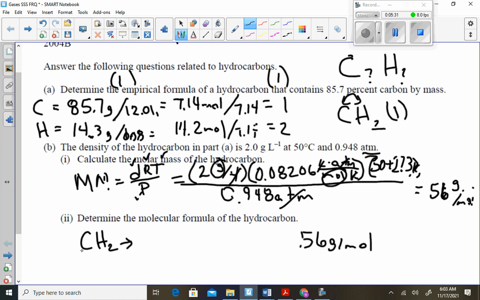The mass is 12.01 plus 1.01 twice, so we get 14.03. If we divide 56 by 14.03, we get a factor of 4. So if we multiply the understood 1 and the 2 by 4, we get C4H8.